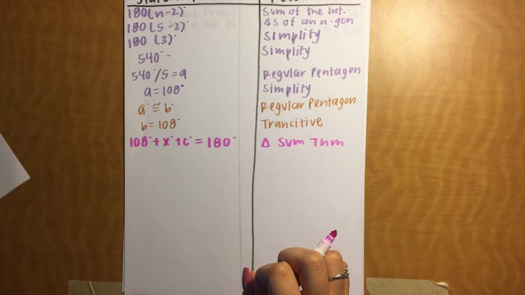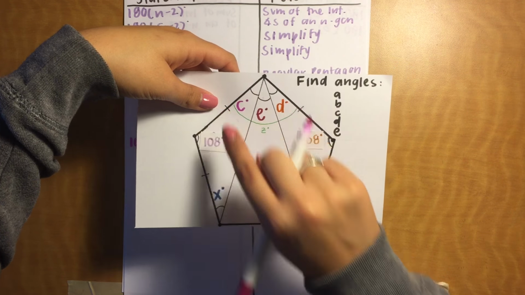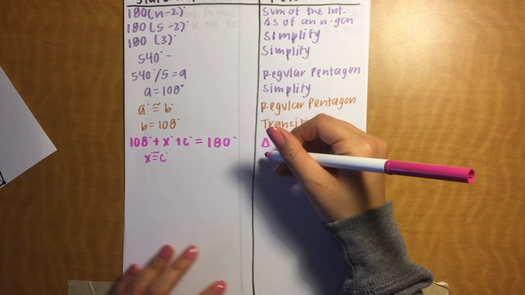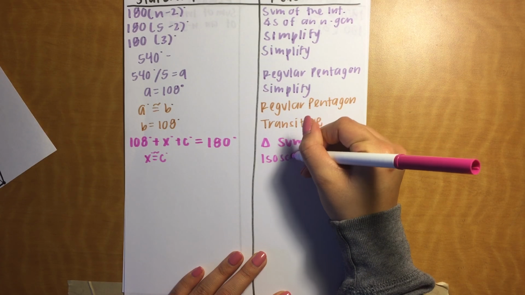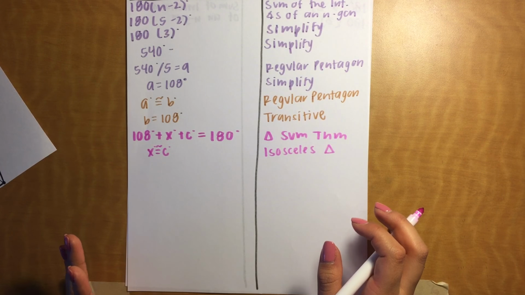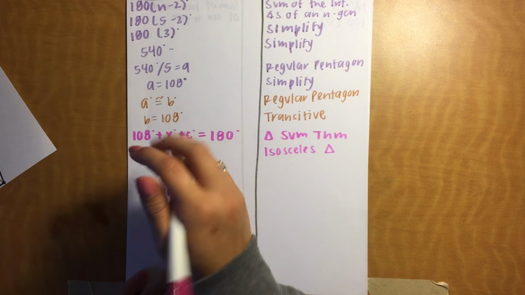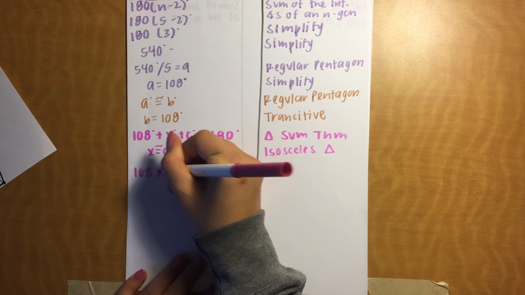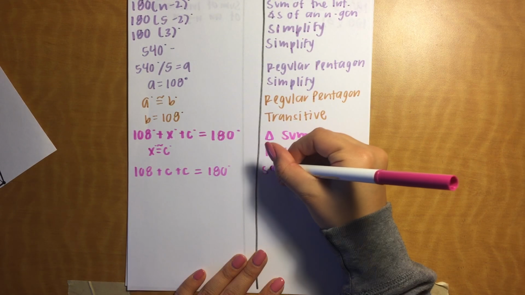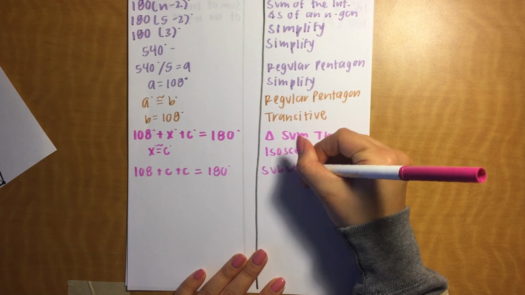Now, we can also say that X is congruent to C because of an isosceles triangle. So what we can do is substitute. So we can do 108 plus C plus C is 180. That's just substitution. And then we can say 108 plus 2C is 180.